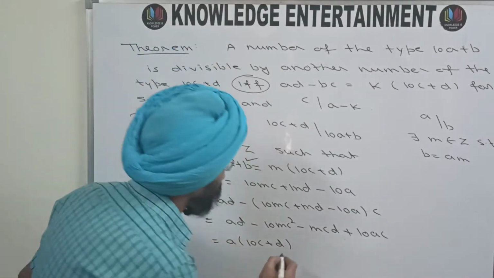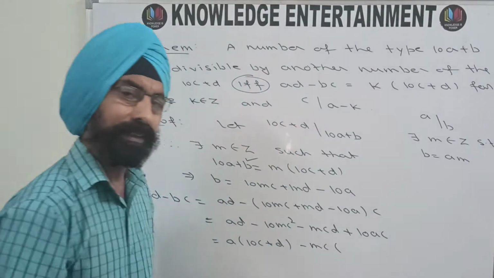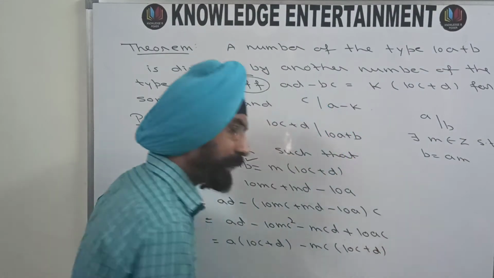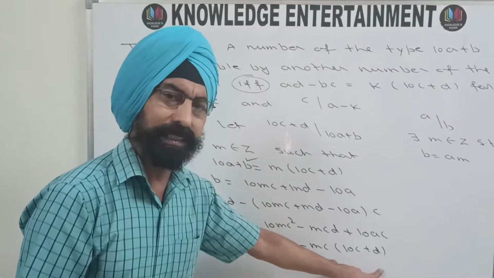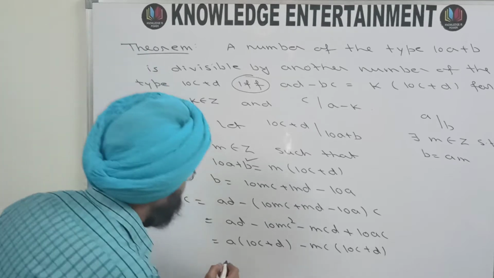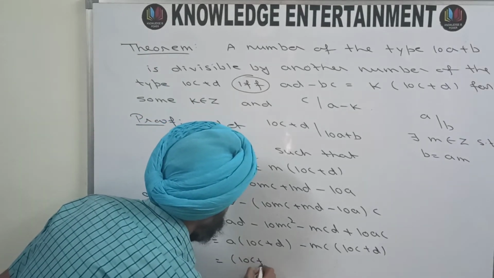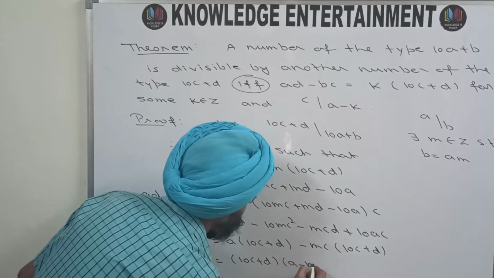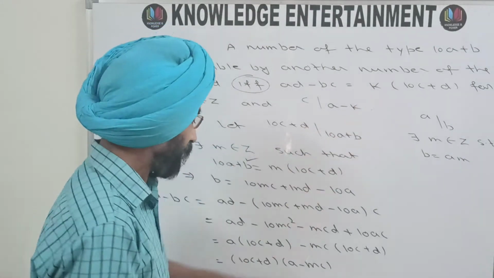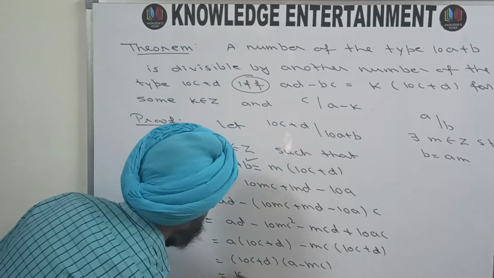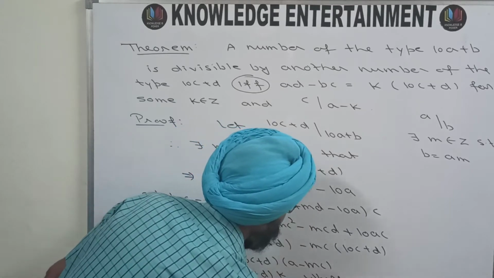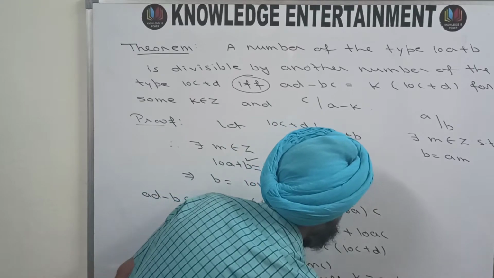From the middle two terms, you can take minus mc common, and once again within the bracket you will get 10c plus d. So 10c plus d is here, and 10c plus d is here. You can take it out as common, so it is factorized as (10c plus d) into (a minus mc). And this a minus mc is your k. So ad minus bc is (10c plus d) into k, where k is a minus mc.